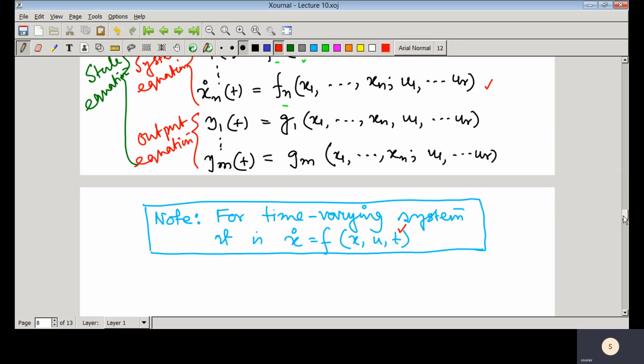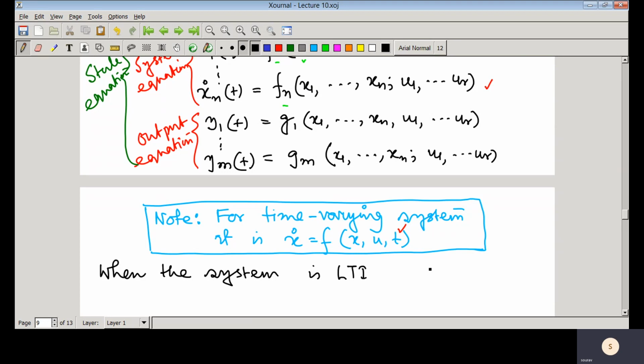Now we'll see how the state space equations look when the system is linear time invariant, which is actually our main objective in this course.